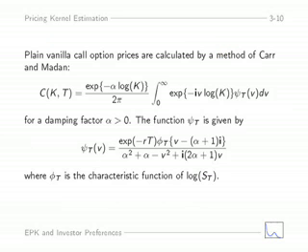For this process, we can get the closed form solution, and we have the characteristic function thanks to the work of Carr and Madan. And then its parameters are calibrated to the data.